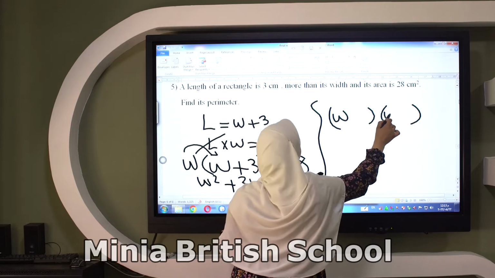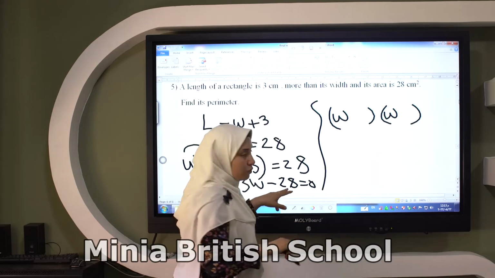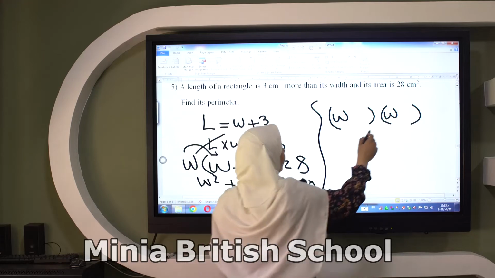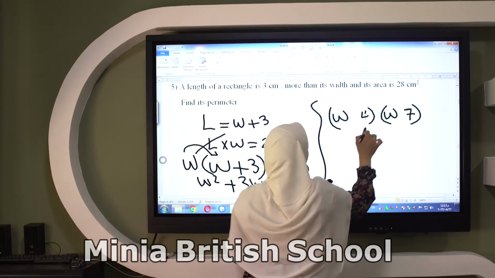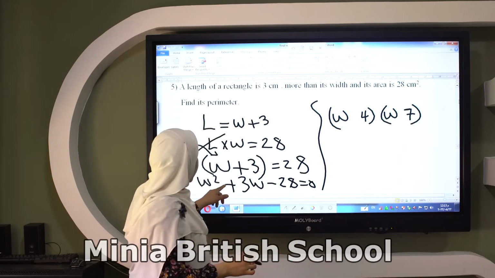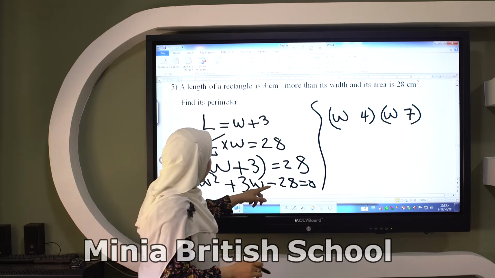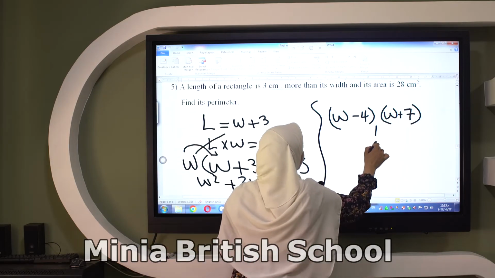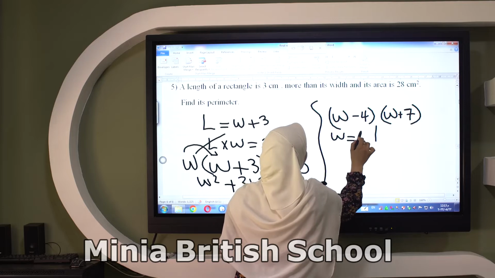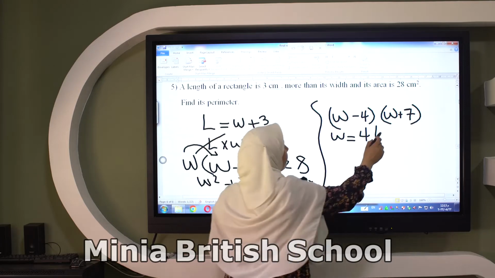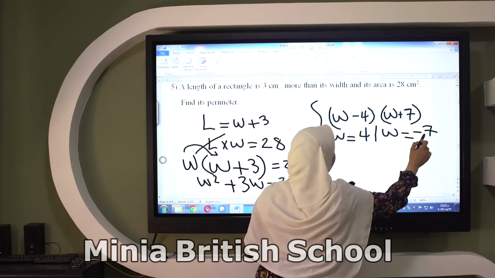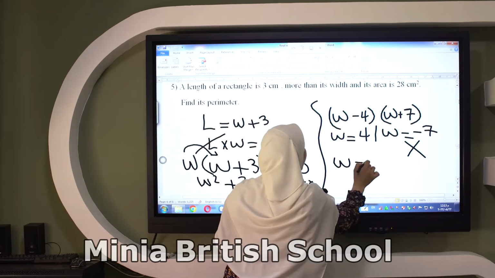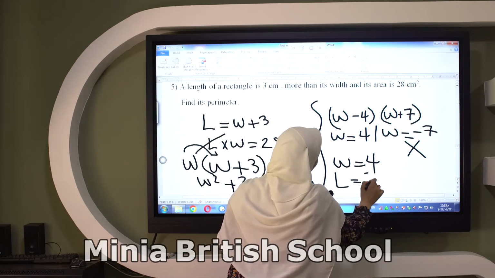Find two numbers whose product is 28 and whose difference is 3: 7 and 4. Take the sign of the greatest number as negative, and the other positive. So w equals 4, and the other value, negative 7, is refused because it's negative. Then the width equals 4 and the length equals 7.